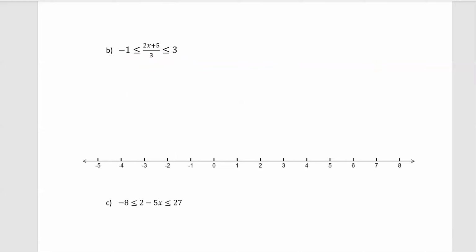So let's multiply all 3 sections by the denominator, which is 3. So I'm going to multiply all 3 sections by 3. -1 times 3 is -3 is less than or equal to 2x plus 5 is less than or equal to 9.